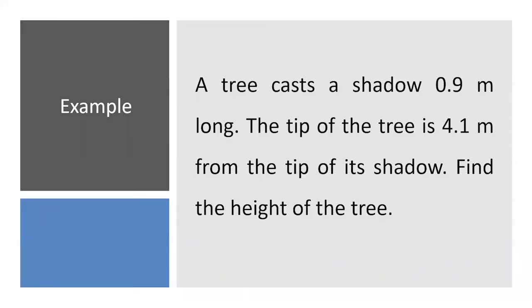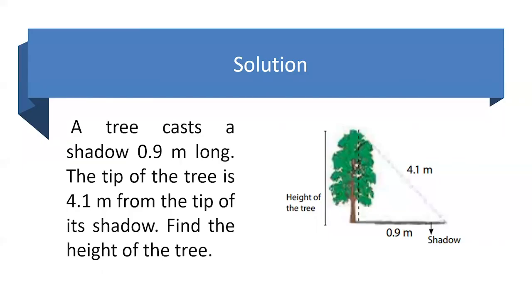In the same way, let us consider this example. A tree casts a shadow 0.9 meters long. The tip of the tree is 4.1 meters from the tip of its shadow. Find the height of the tree. Just looking at this question, sometimes you don't know what to do. So drawing a diagram will help.